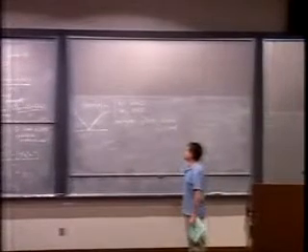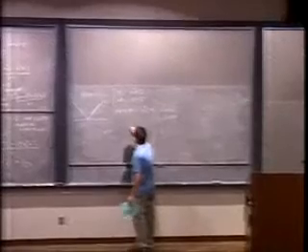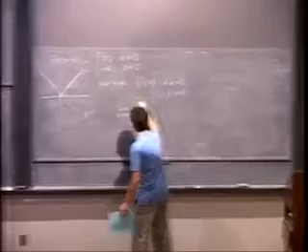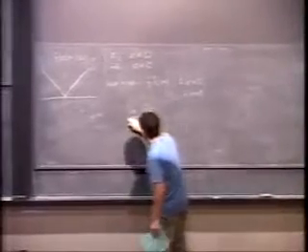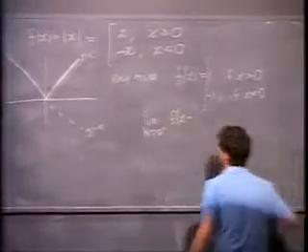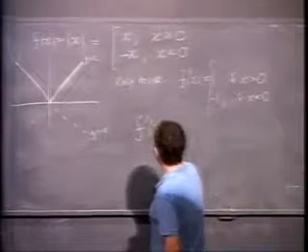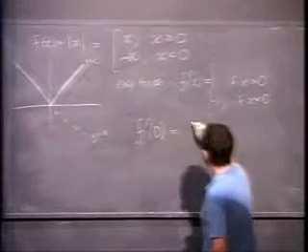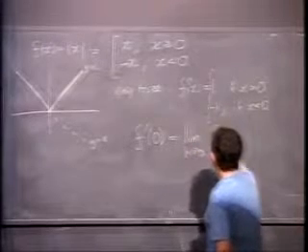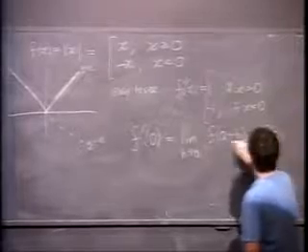Okay, so anyway, the point is that there is no tangent. Let me be more precise. If there is a derivative at 0, f prime of 0, according to my formula, has to be the limit as h goes to 0 of f of 0 plus h minus f of 0, divided by h.